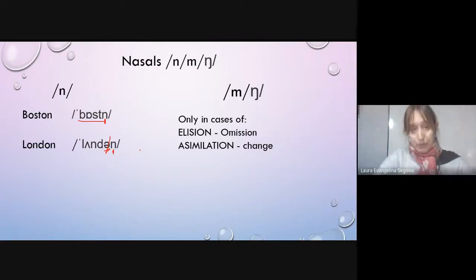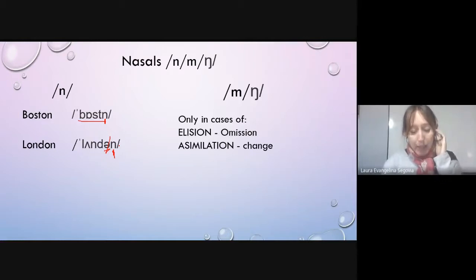In the case of this type of nasals, we have to take into consideration that RP is different, and you will find in the dictionaries both transcriptions, Boston or London with schwa or without. You will have both pronunciations depending on the dictionary.